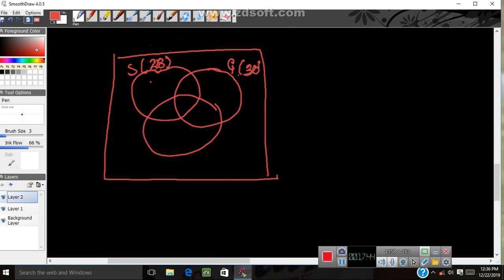Good. Then we come to leatherworks. Leatherworks also is 32. Okay, good. Then we come to the actual set. This place is where all the three are. So we have got our X here.